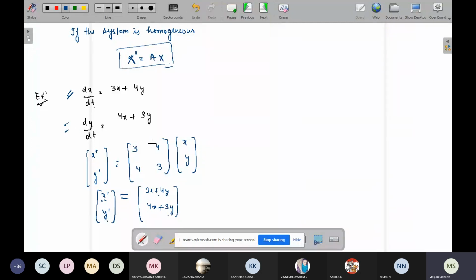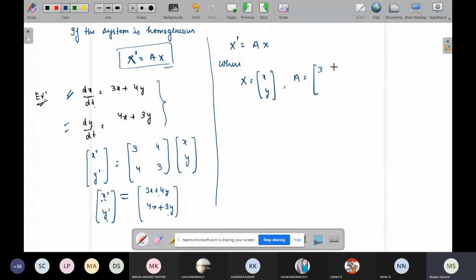So this is the corresponding matrix form of this system of first order differential equations. That means you can write x dash is equal to Ax, where x is the column matrix x, y, and A is the coefficient matrix 3 4, 4 3. Right, now let us see another example with a non-homogeneous system of differential equations.